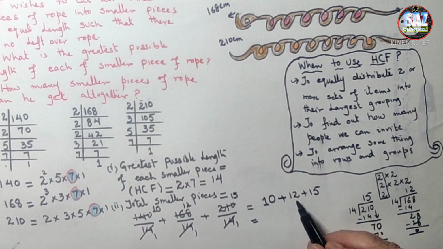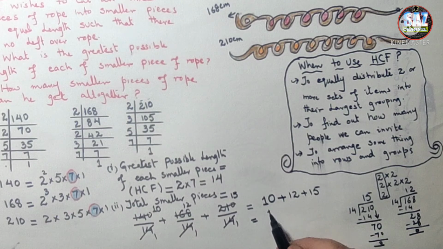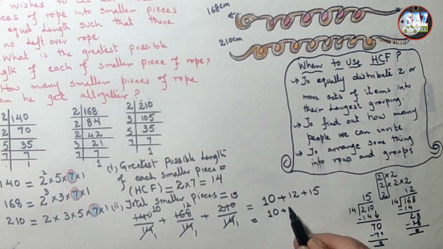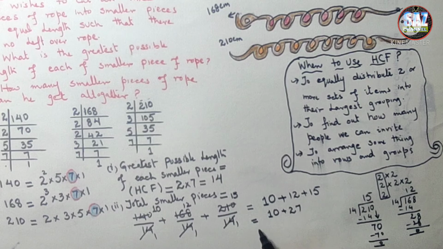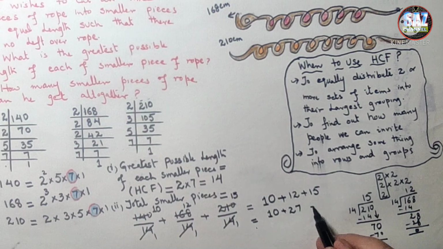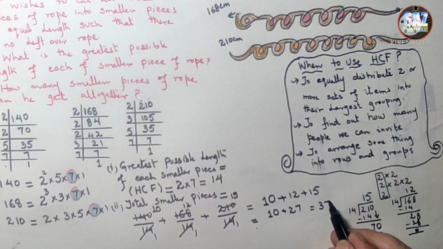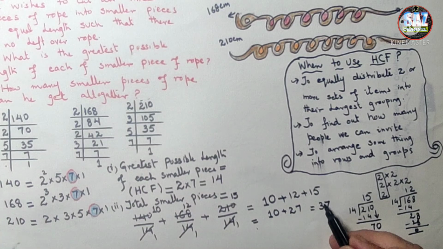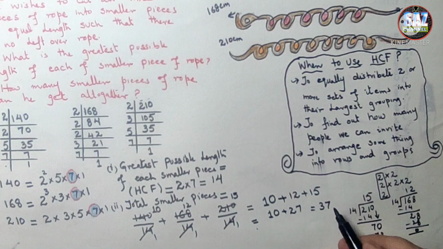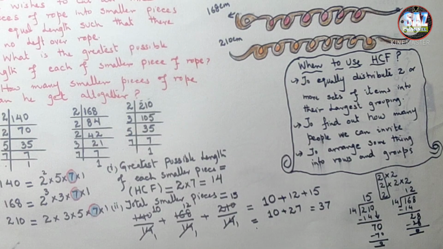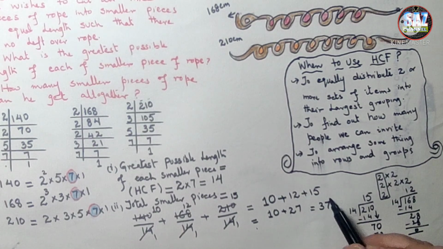Now 5 plus 2 is 7, 27, 10 plus 27, which is equal to 37. So the requirement was how many smaller pieces of rope we can get all together. So we can get all together 37 smaller pieces of rope.